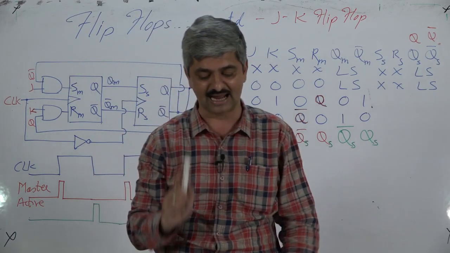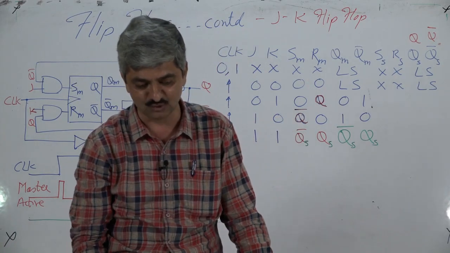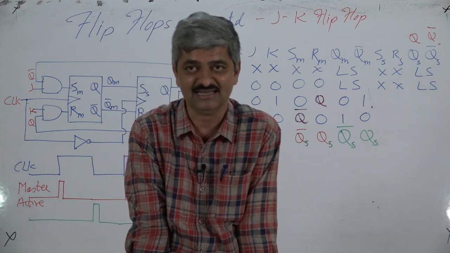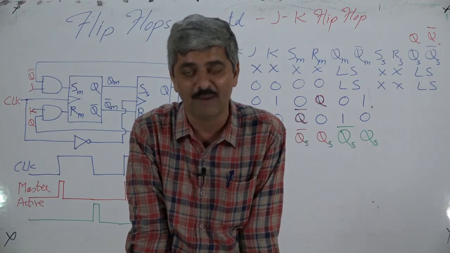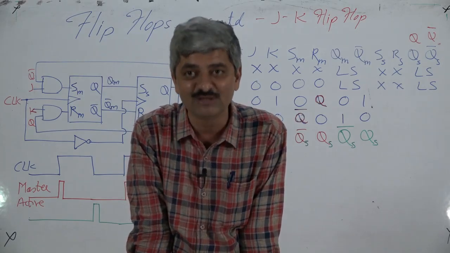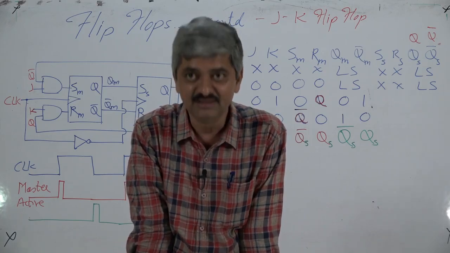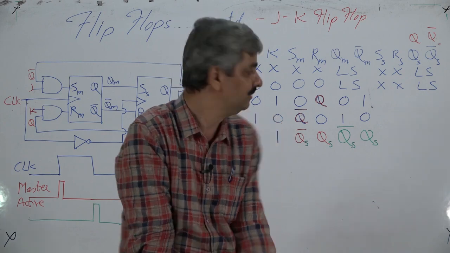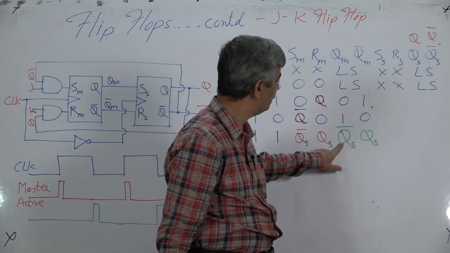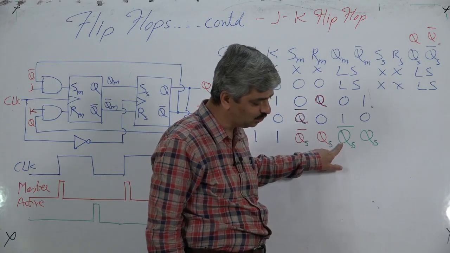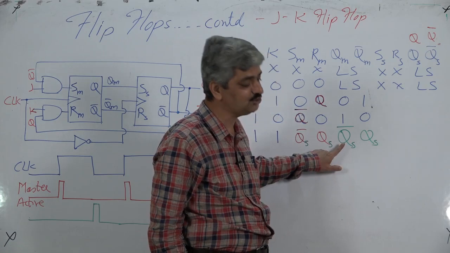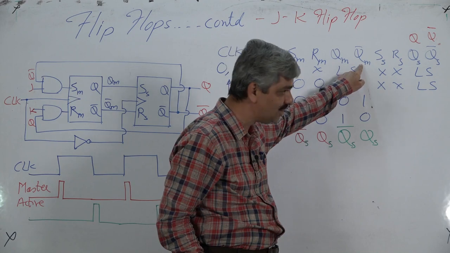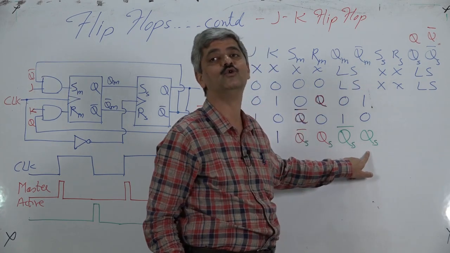At the time of the rising edge, if J is 1 and K is 1, then the master flip-flop's S and R are Q bar and Q of the slave's output, which make the outputs of the master change. The intermediate QM of the master is the complement of QS of the slave. The intermediate QM bar of the master is QS.